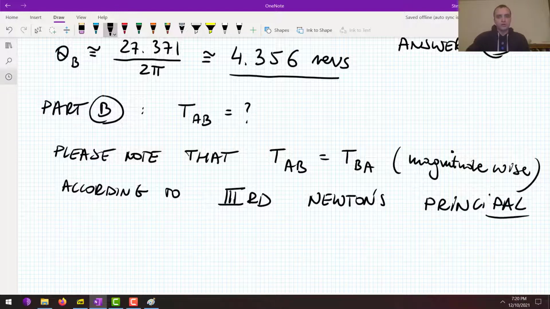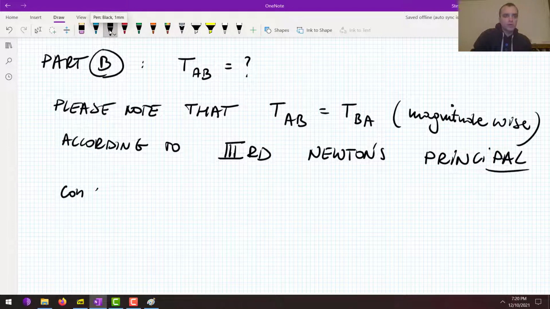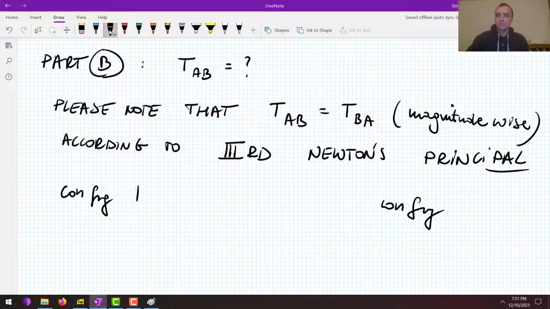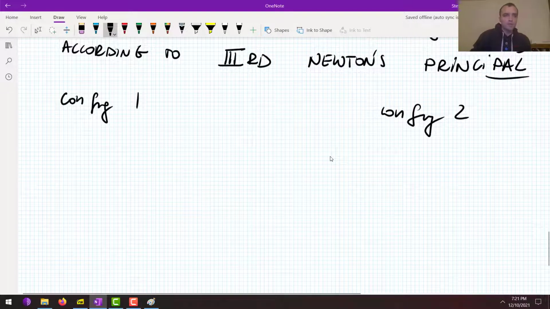Okay, so now I would like to use the work-energy approach, but only on gear B. So I'm going to write one more time config 1, config 2, but only gear B, so that little one.